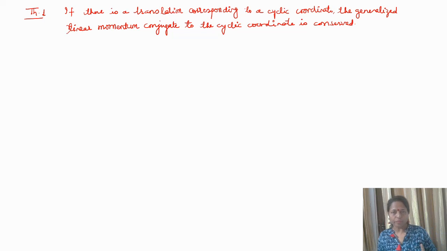This is one theorem. What is the theorem stating? It is stating that if there is a translation, your motion may basically be of three types, but here I am talking about either of two types of motion. Either it is a translation or it is a rotation.